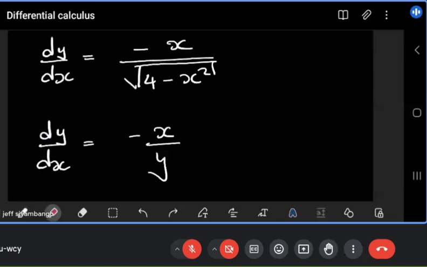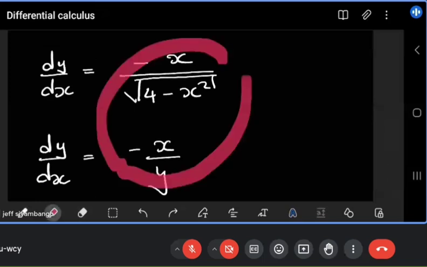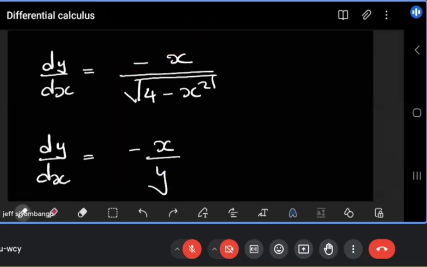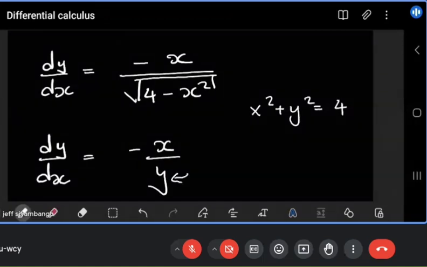Now, what I said was, even though they might seem as if they are different, the 2 expressions are actually the same. To convince you that they are the same, here our example was one where it was even possible to make y the subject of the formula. So I said, okay, since we can, let's find the equivalency of what y is. So we made y the subject of the formula. We had this, and this was there.